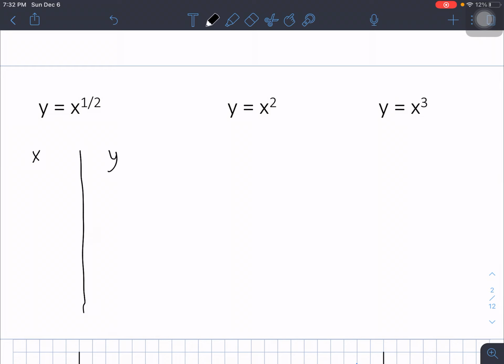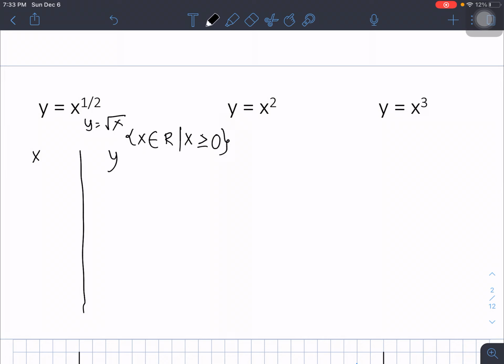For this example, y is equal to x raised to 1/2, which is also y is equal to the square root of x. We could see that the domain could be any real number. However, there is a restriction: x should be greater than or equal to 0.